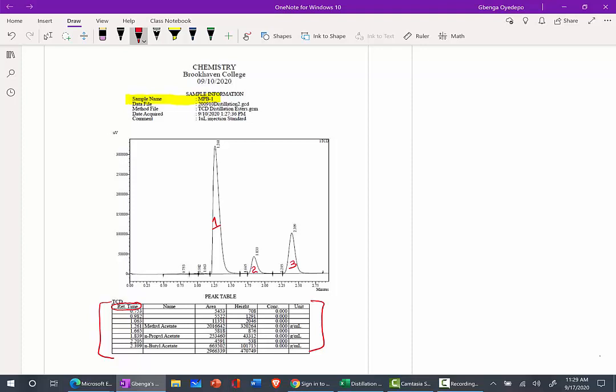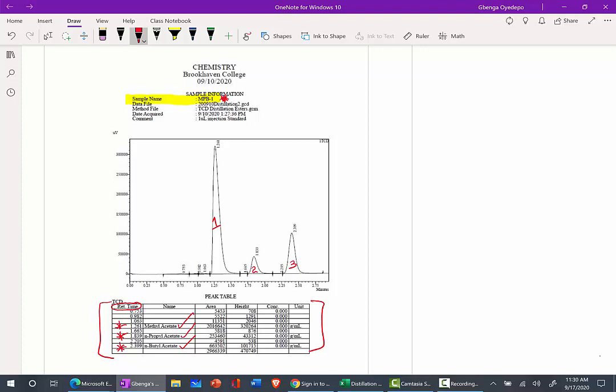When the lab manager injected MPB-1 into the gas chromatography machine, he was expecting 3 peaks because he injected a mixture of methyl acetate, propyl acetate, and butyl acetate. And that is why we have 3 peaks. The most important part is this. Each component has a peculiar retention time.